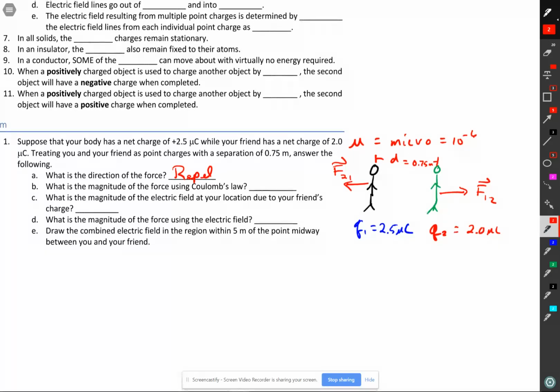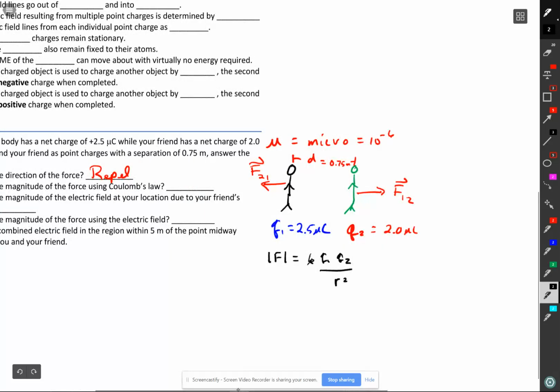Now, for the magnitude of the force, we use Coulomb's law. Coulomb's law tells us that the magnitude of the force is equal to K Q1 Q2 over the separation squared. So in this case, R is D, and I just put in my values.